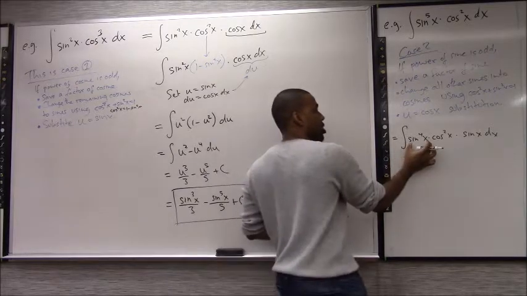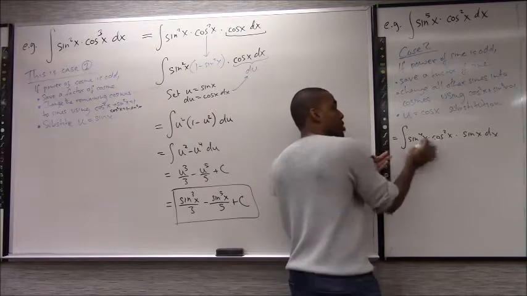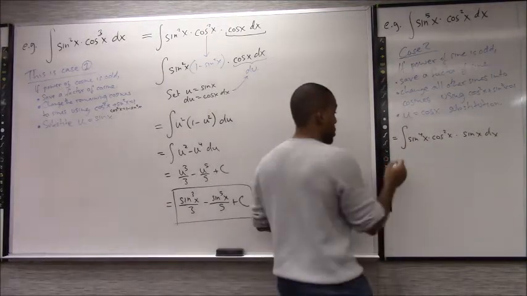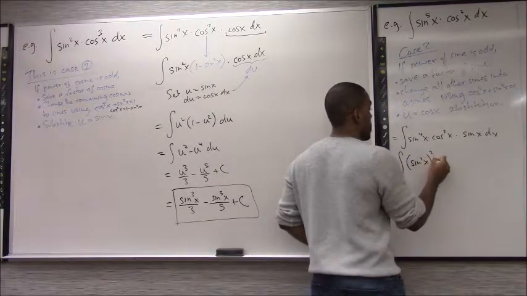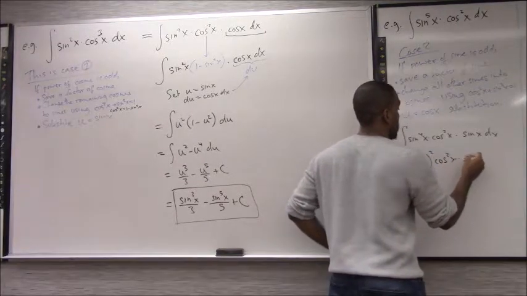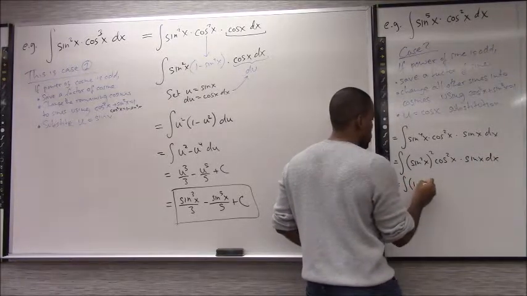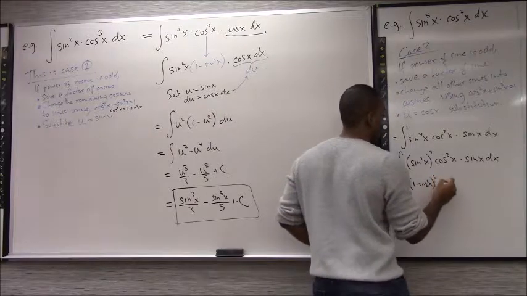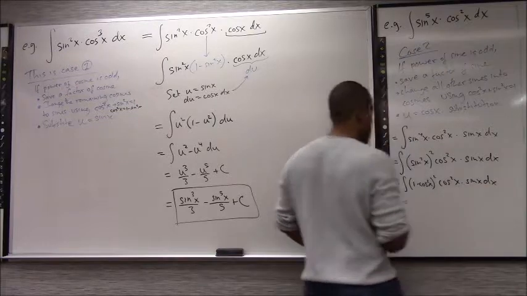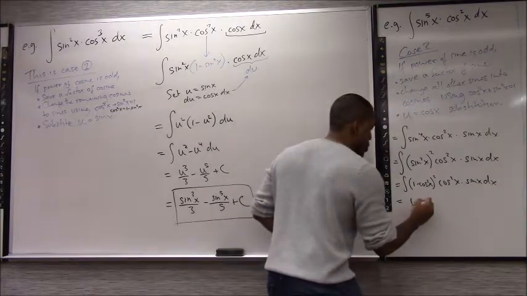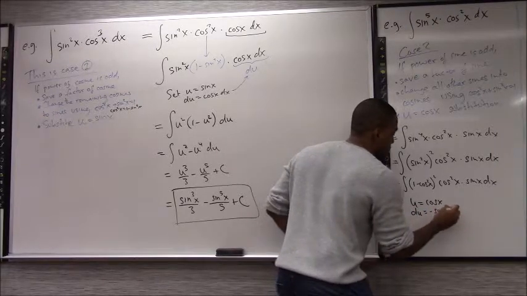I want to change all the rest to cosines, because once the power is odd, if I take off a power, the remaining power is even. So sine to the 4th is just sine squared squared, which is 1 minus cosine squared squared. Now if I set u equals cosine, my du is equal to minus sine.